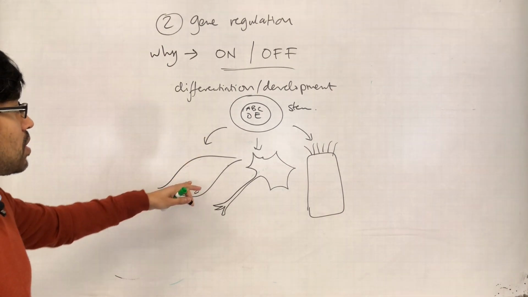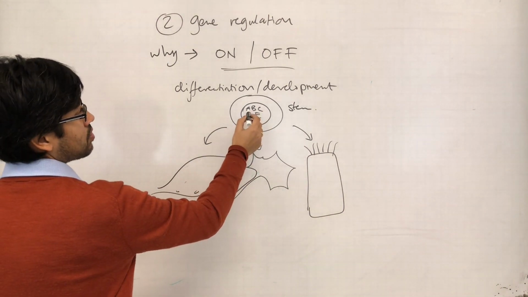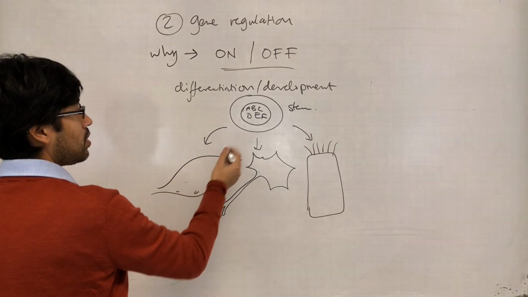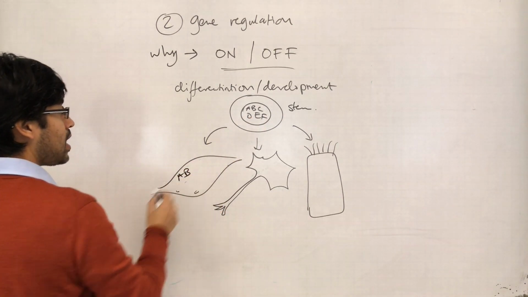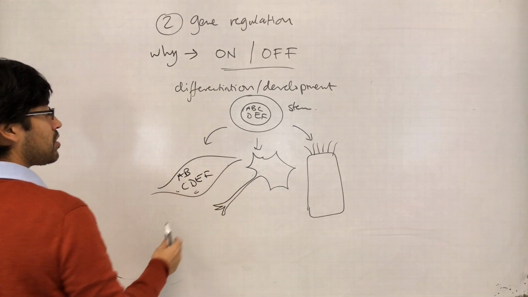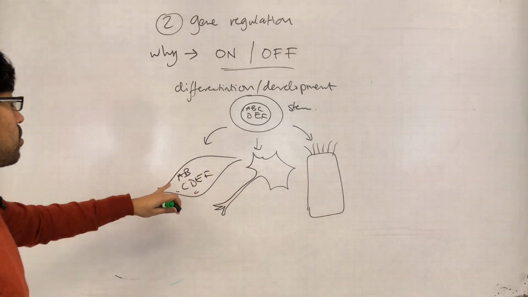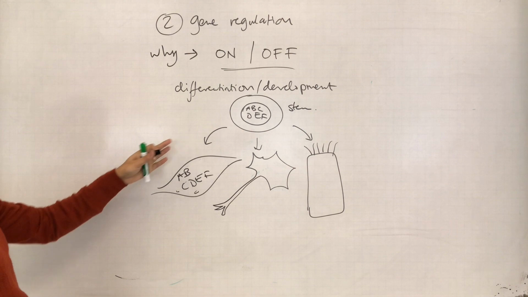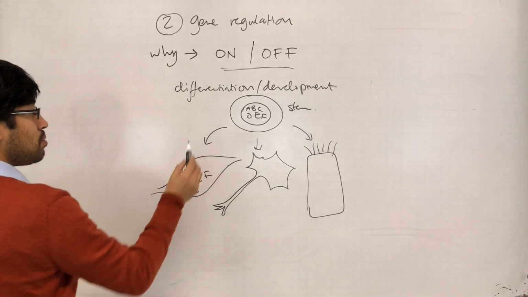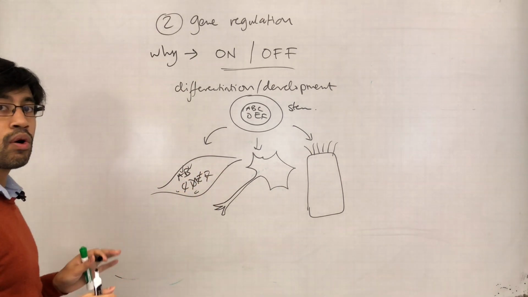In order to become a muscle cell, you need to express genes A and B, but genes C, D, E, and F must be off, because they're the genes to become other things. So for the stem cell to differentiate into a muscle cell, genes A and B need to be on, but genes C, D, E, and F must be off.